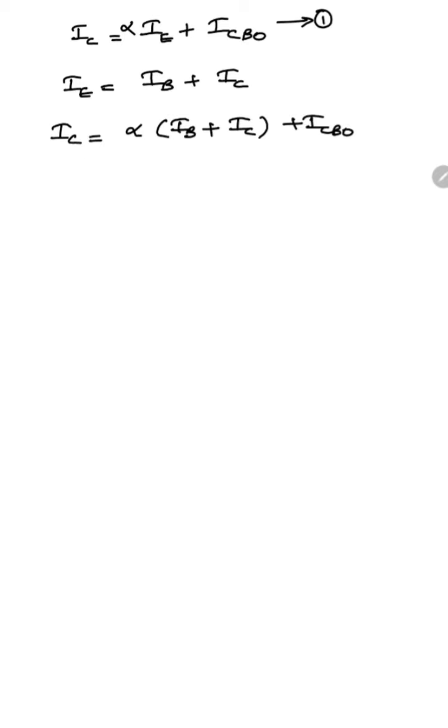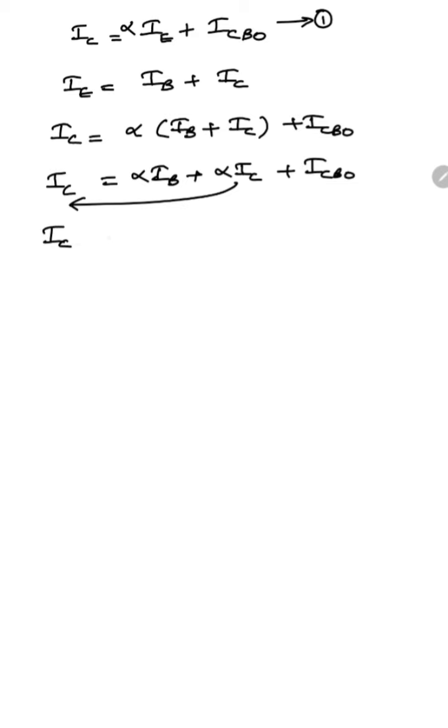Taking the IC terms to one side, IC minus alpha IC is equal to alpha IB plus ICBO.